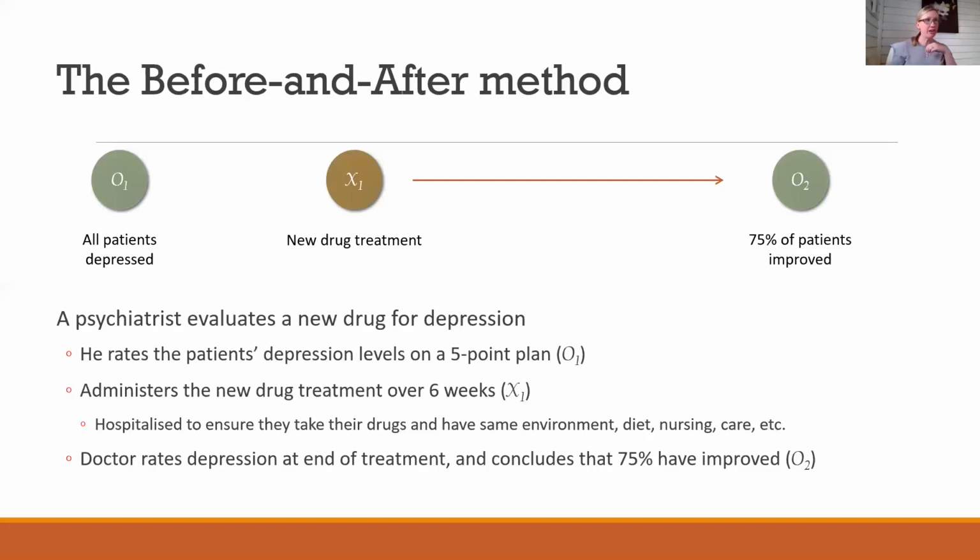By comparing O1 and O2, we can see the change in our dependent variable. By using the after the fact method, we can't see that change. Therefore, we have a lot more control and a lot more certainty using this model that the independent variable did have an effect.